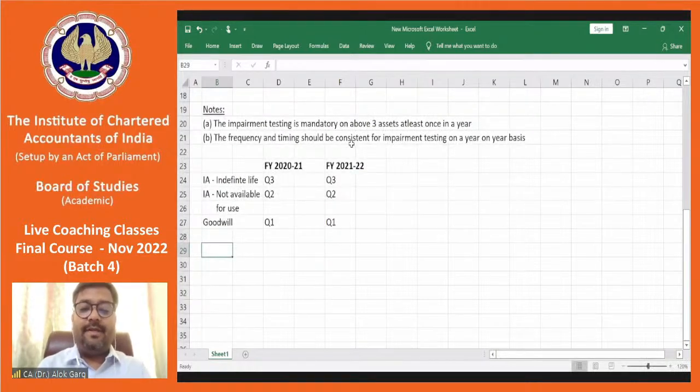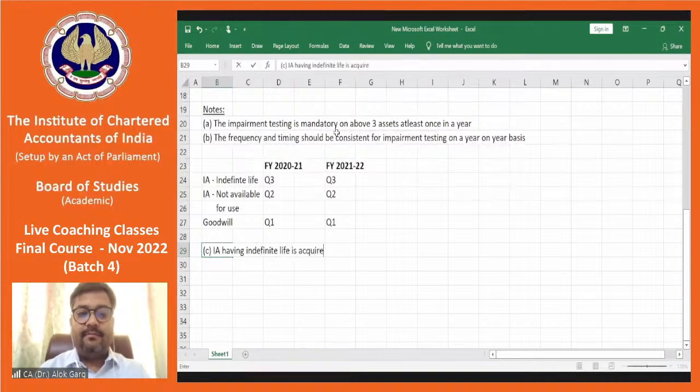Third point, and I would request each one of you to please make these notes. Third point, for example, an intangible asset having indefinite life is acquired in January 2022. Okay, January 2022.